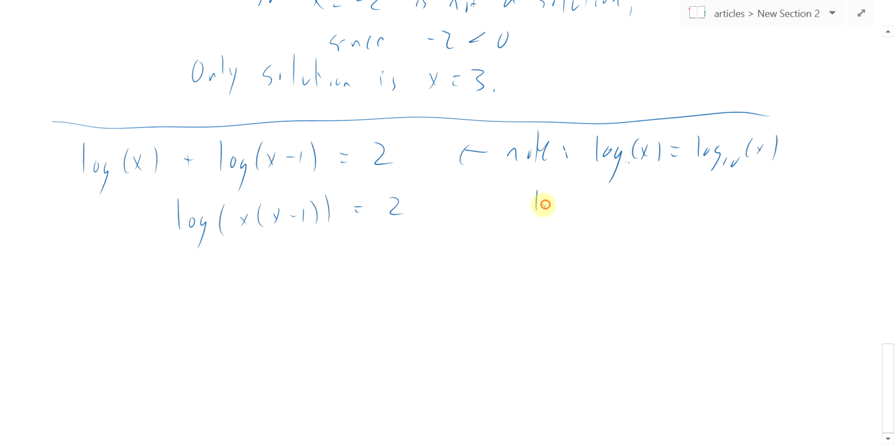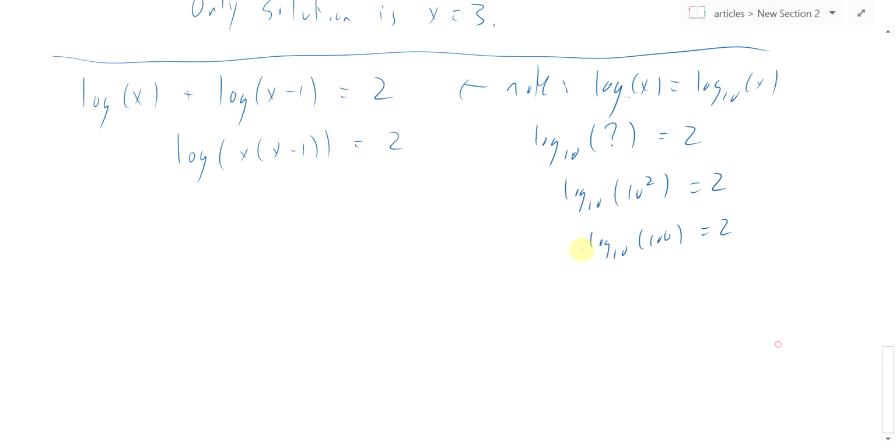So log base 10 of what equals 2? Well, 10 squared. Right? Because if you have log base 10 of 10 to the second, what power do you raise 10 to get 10 to the second? That's 2. So log base 10 of 100 equals 2.